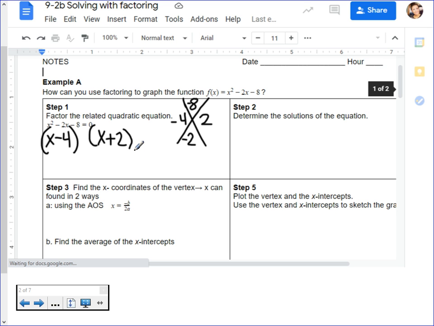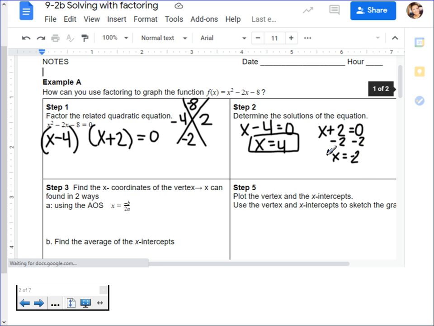But now we can set those equal to 0 and solve them. When you have them like this, they're pretty easy because it's just the opposite of whatever you got. So this would be x equals 4. And the other one, you subtract 2 from both sides, so you get x equals -2.